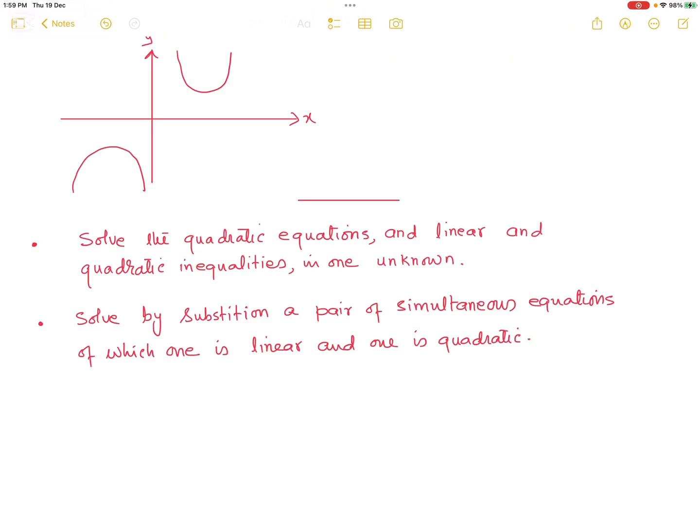Actually, this would be the same as I talked about in the previous one, in which we have to solve the quadratic equation and linear and quadratic inequalities.